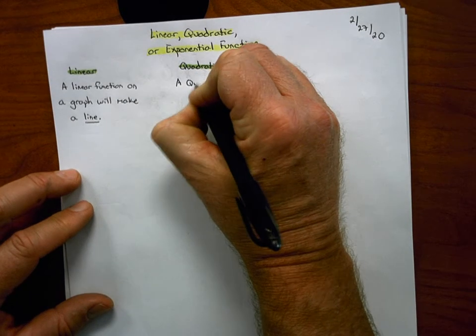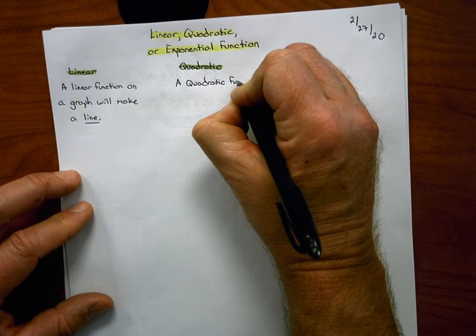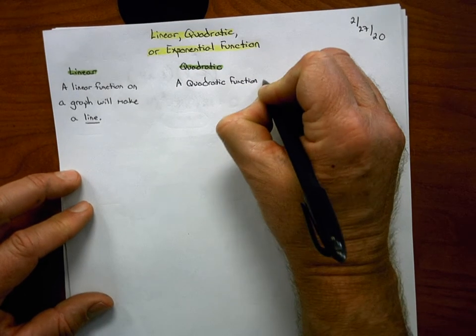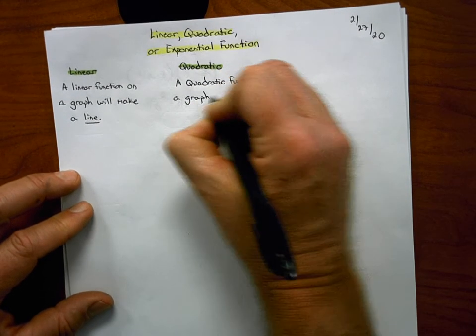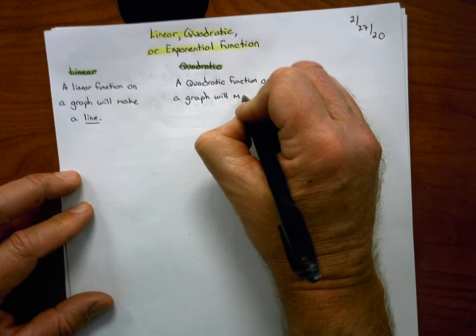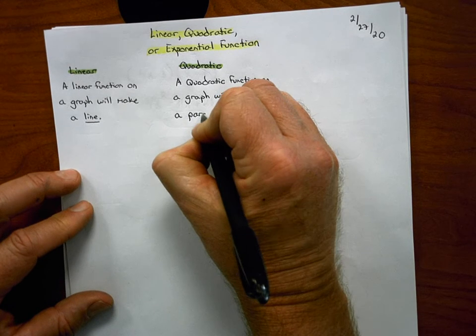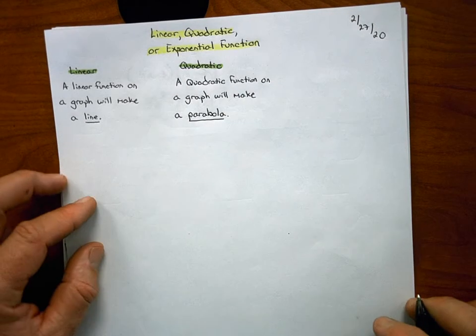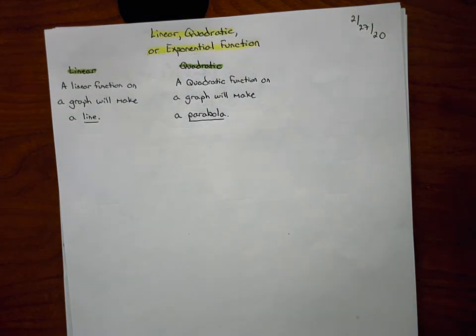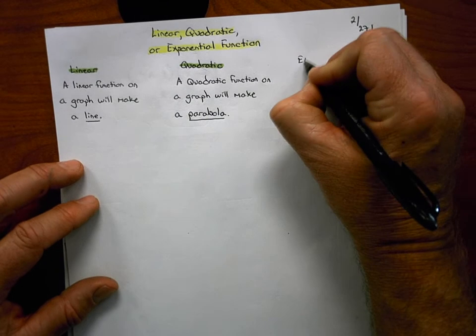So a quadratic function on a graph will make a parabola. And like a few of you accurately said, a parabola is a U-shaped graph, either up or down, but never sideways.